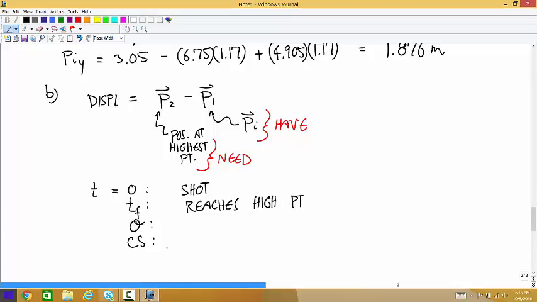The origin and coordinate system, we can keep those the same. Since the origin and coordinate system are the same and time equals 0 is the same, all of the initial stuff that we had in the first part of the problem still hold. That's all they depend on is the origin, the coordinate system, and the time equals 0. But the time final stuff is all going to be different now.